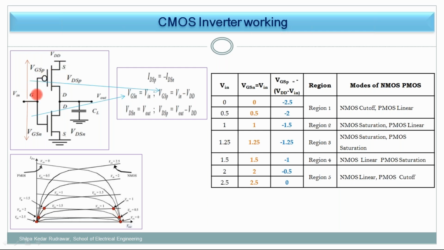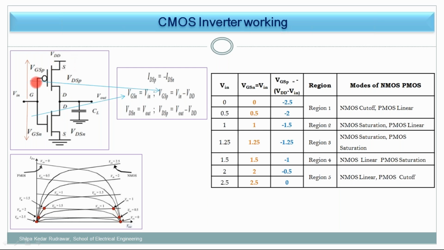But I want VGS, so the opposite of that: VGS is equal to V in minus VDD. Hope the things are clear. These are very important, because I am going from gate to source, and that's why it is V in minus VDD. If I want to write VSG, it will be VDD minus V in.